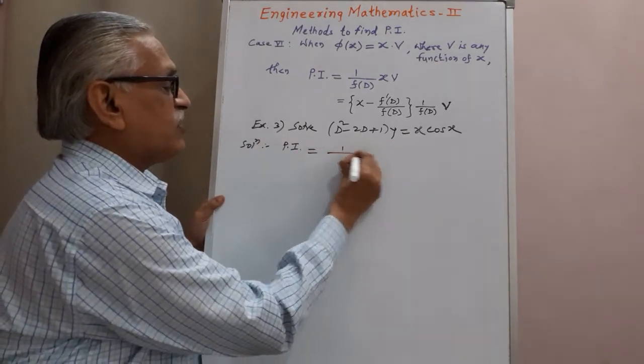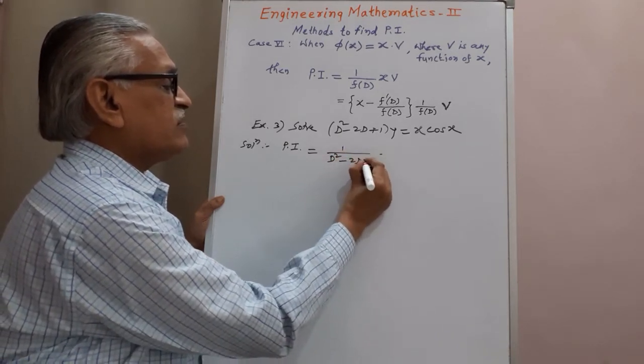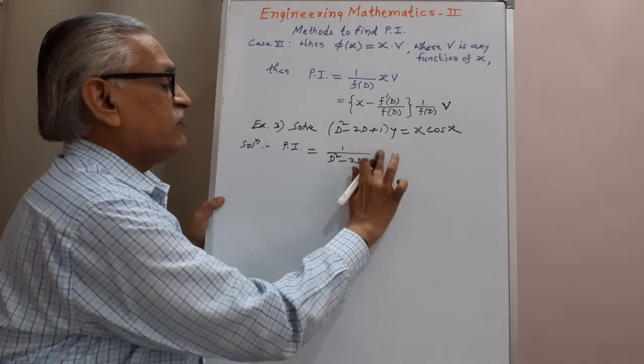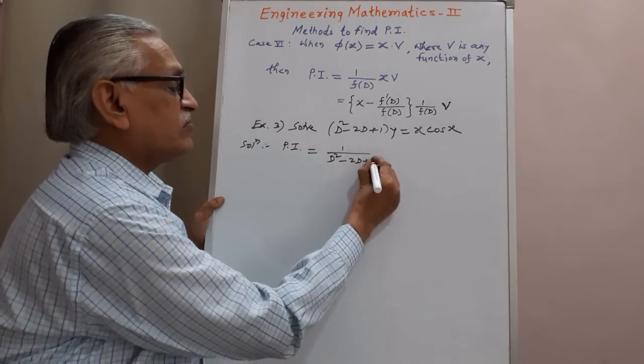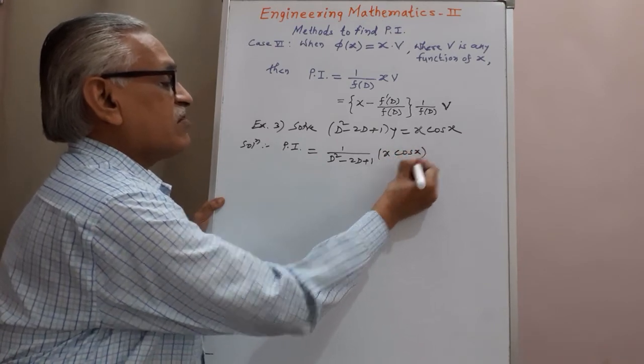P.I. is equal to 1 upon f of D, by inverse operator technique, 1 upon D square minus 2D plus 1, which we have to operate on x cos x.